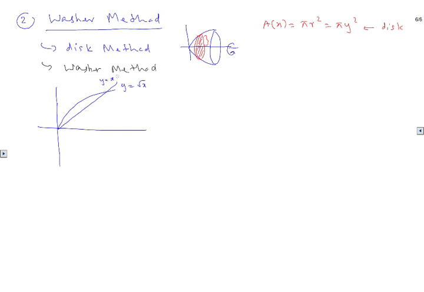Those two curves are going to meet at a point. You can see when you put x equal to 1, they are equal, right? Square root of 1 is 1, so they are equal. So this is your region.